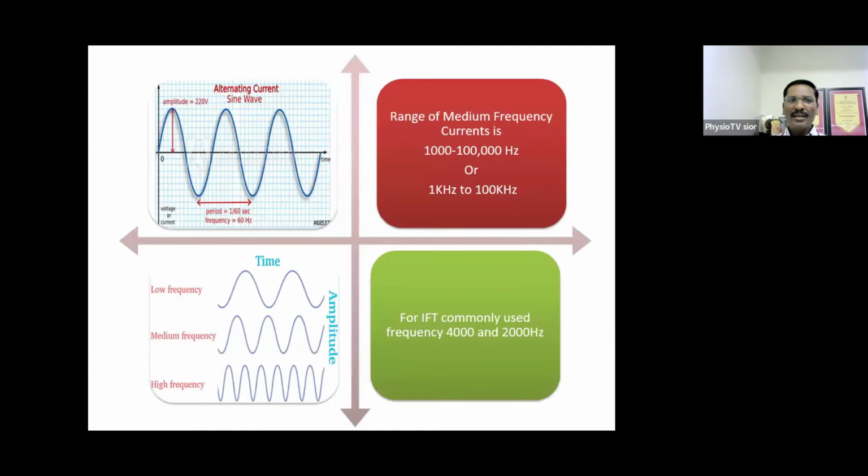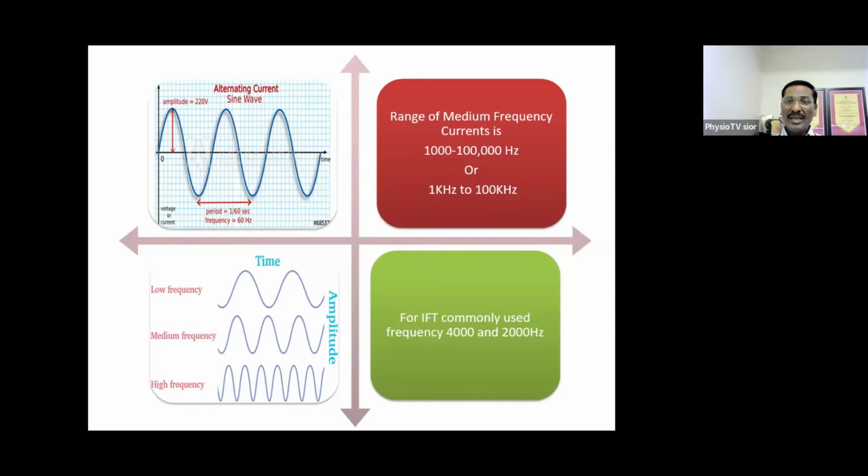So first, let us try to understand what alternating sinusoidal waves are. Alternating sinusoidal waves are the waveform in which the waves are evenly alternating. That means the crests and troughs in this waveform are the same. The current is increasing gradually and decreasing gradually, that is, evenly alternating.